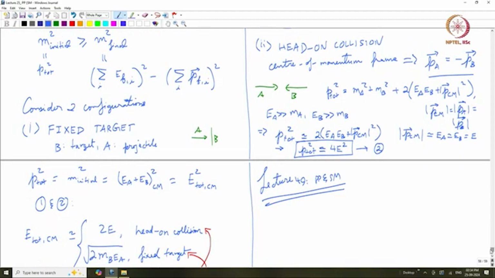When we worked this out for head-on collisions, we took the lab frame to be the center of momentum frame also. In that case, the total energy that you pump in is 2 times the energy of each beam, assuming each beam has the same energy.